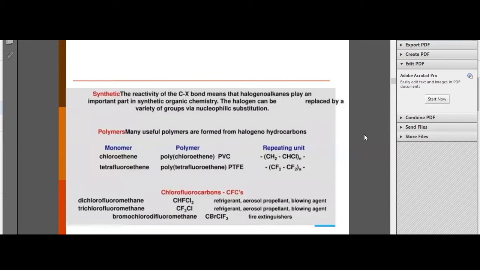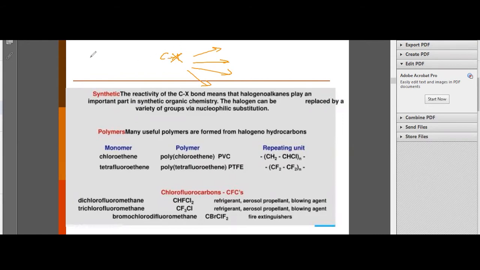Okay, the third is synthesis. The reactivity of the C-X bond means halogenoalkane plays an important part in synthetic organic chemistry. So later on, you can see many reactions of halogenoalkane to form other compounds. Why is it very reactive?